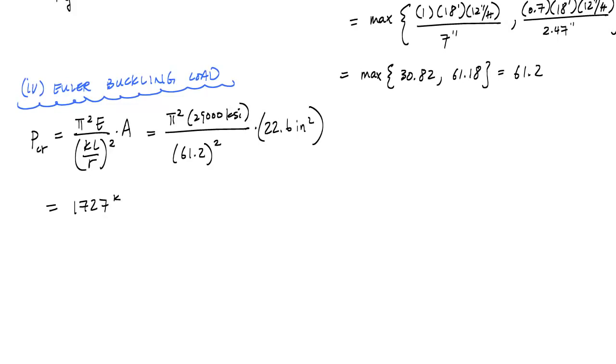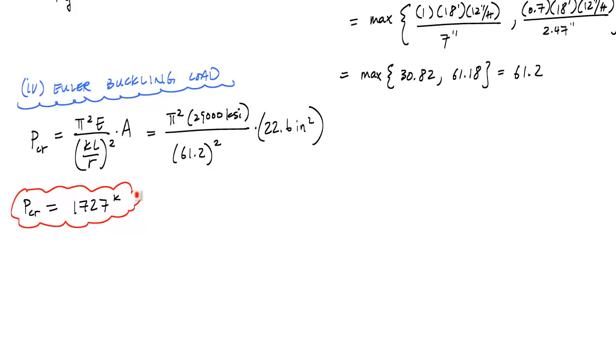Crookedness and inelastic material behavior actually reduce the buckling load, so it actually buckles sooner than this elastic load predicts. So what this final number means is that in theory, my column could take 1,727 kips before buckling.